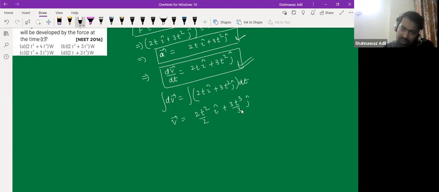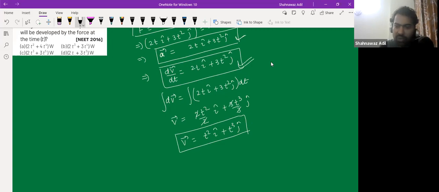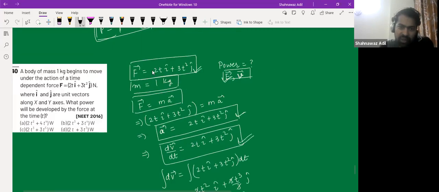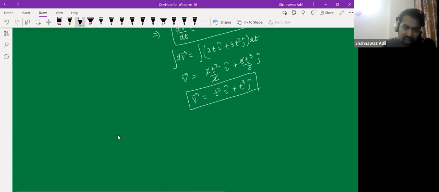So 2, 2 will cancel, 3, 3 will cancel, and this is t square i hat plus t cube j hat. So now we have calculated the velocity as well, right? Knowing the velocity and the force, we can calculate the power.